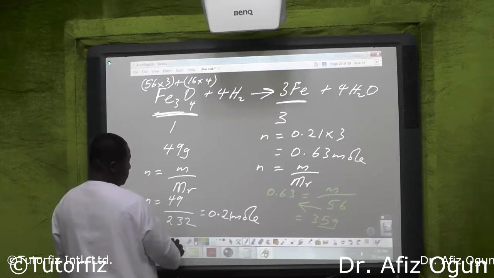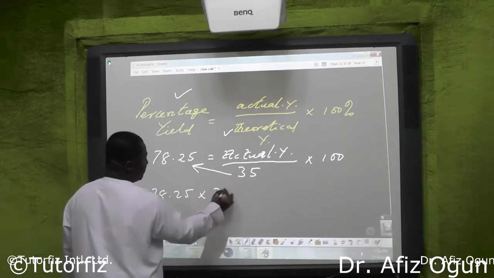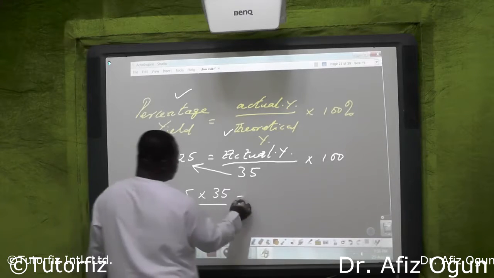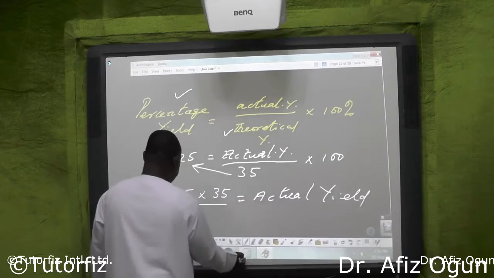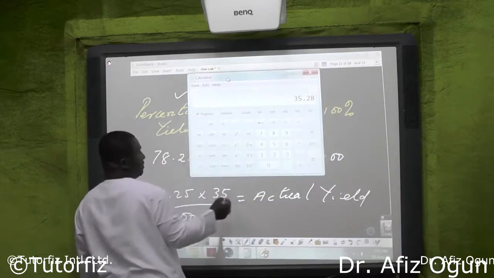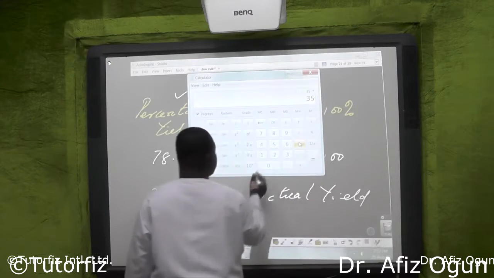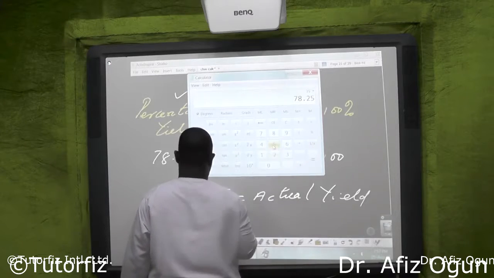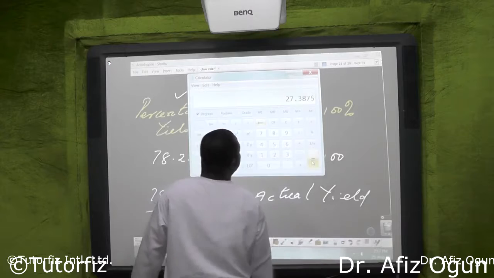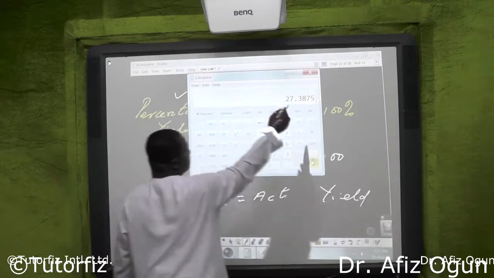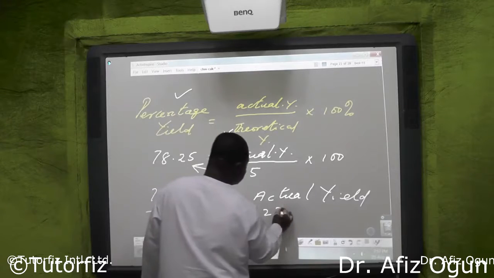So 78.25 multiplied by 35 divided by 100 equals actual yield. 35 multiplied by 78.25 divided by 100 equals 27.38 grams. This is equal to 27 grams.